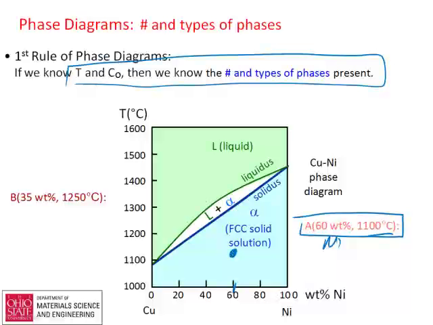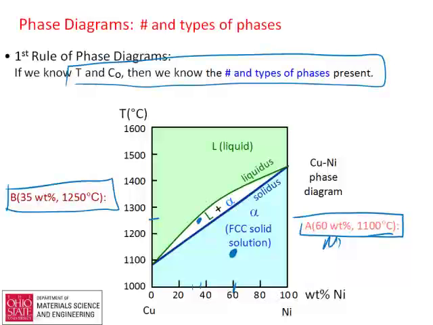What do we have there? I'll wait for it. Anyone? I'll tell you. It's single-phase face-centered cubic. Second case is 1250 degrees C and 35 weight percent nickel, which would sit about right there.